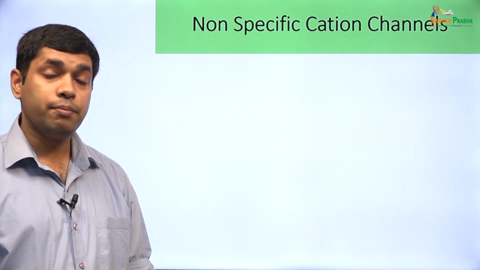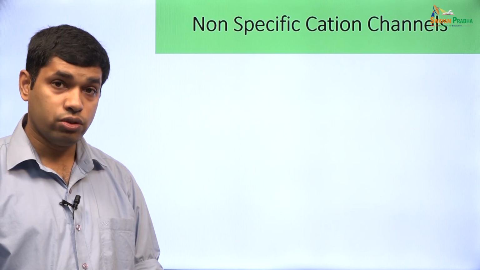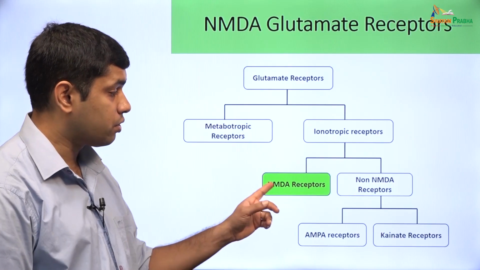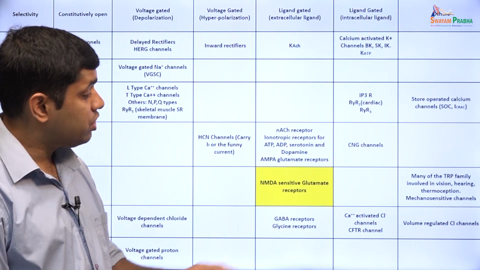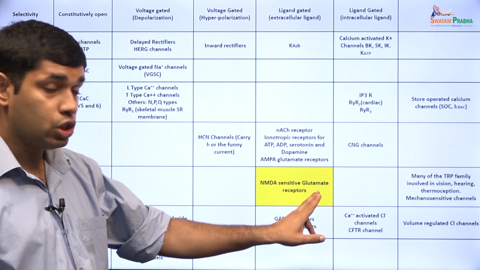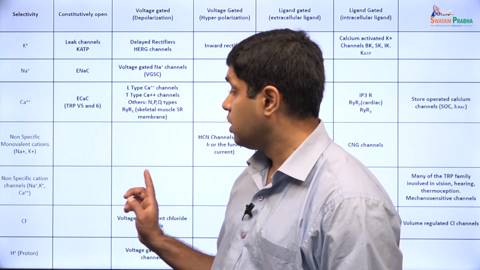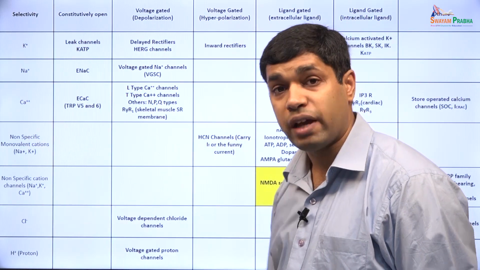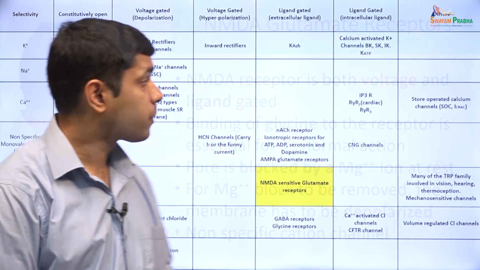Now, this would be a good time to talk about the non-specific cation channels, and the first one that we will discuss is the NMDA receptor. So, what do we know about the NMDA receptor? We know that it is ligand gated, the ligand is glutamate, and it is a non-specific cation channel. It permits sodium, potassium and calcium entry into the cell.